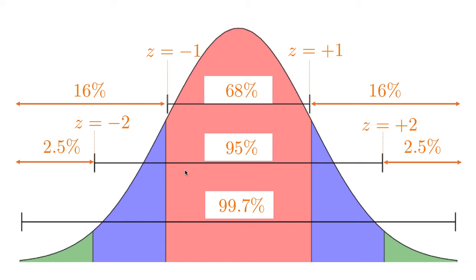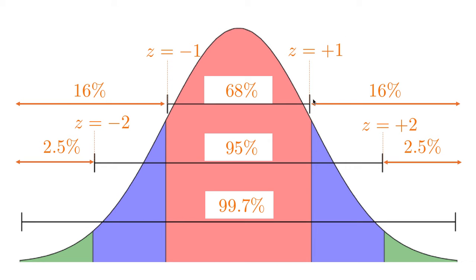What that means about the outside areas is that if 68% is in here, then you have 16% below a z-score of -1 and 16% above, because 16 plus 16 is 32, plus 68 gives you 100. So you can use this rule not just to determine what percent is in between, but also how much is below a z-score of -1: 16%.